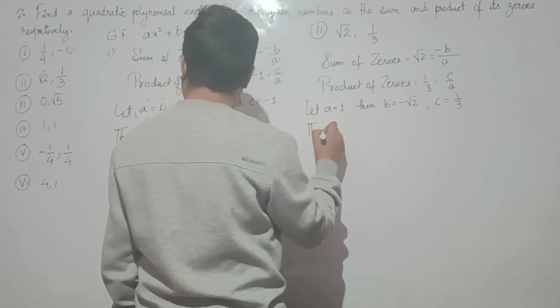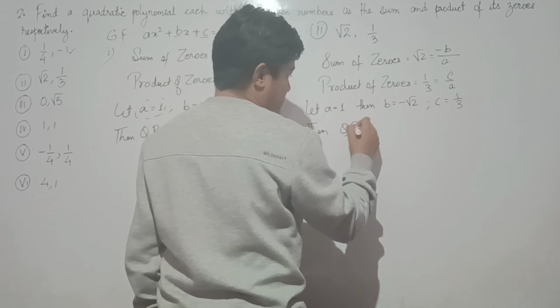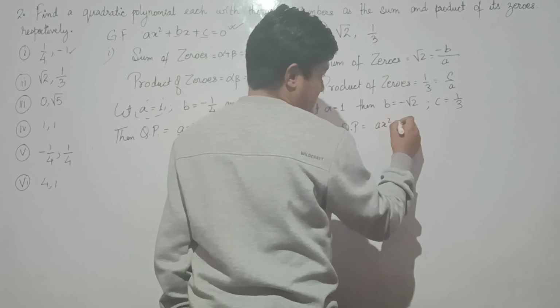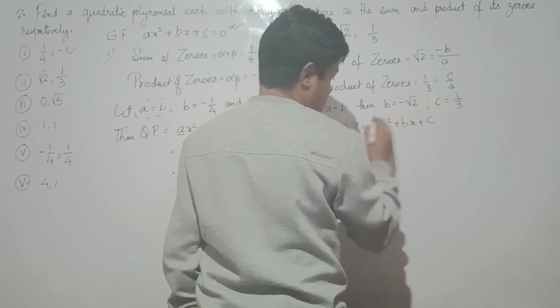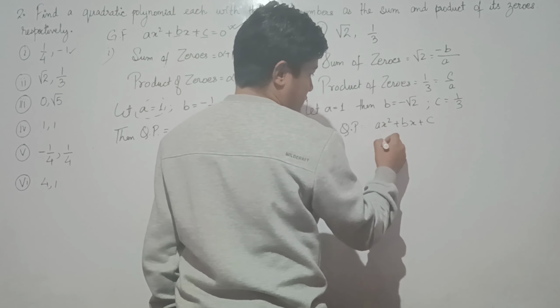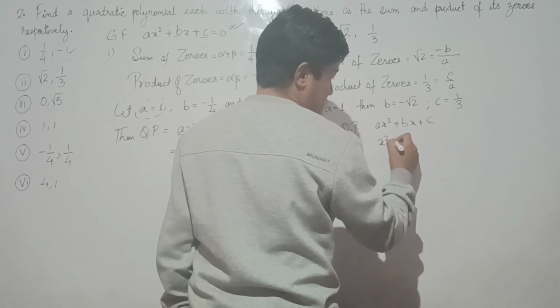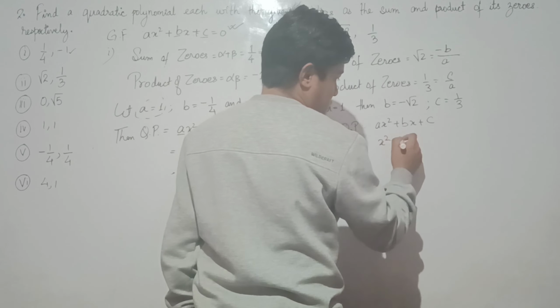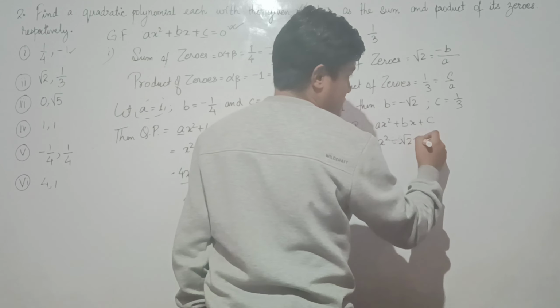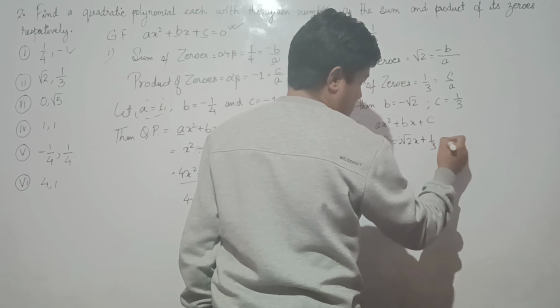Then quadratic polynomial equals to the form ax square plus bx plus c. So in place of a, 1, you can write directly x square plus, in place of b, minus root over 2x, and in place of c, 1 by 3 equals to 0.